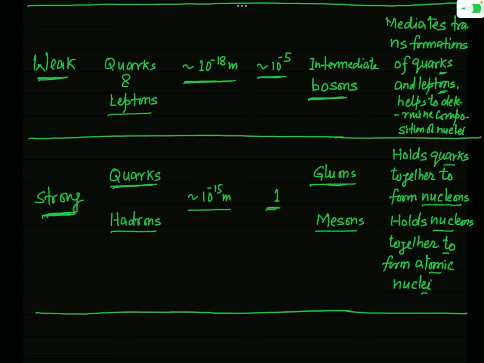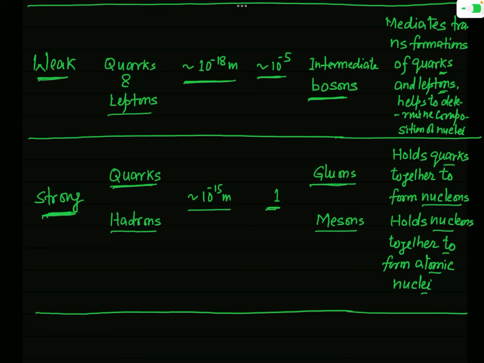And for that this strong interaction is responsible. By the combination of quarks, nucleons get formed, and by the combination of nucleons, nuclei get formed. So the formation of nucleons and the formation of atomic nuclei are due to the strong interaction.